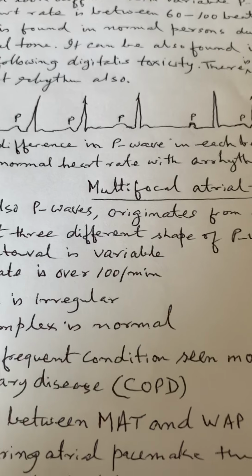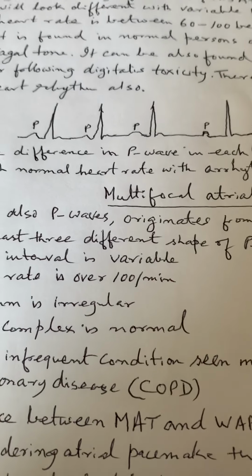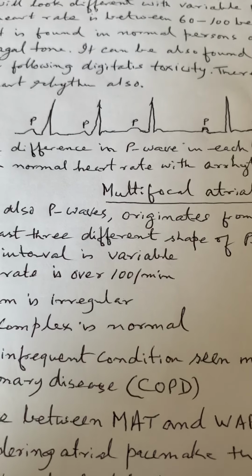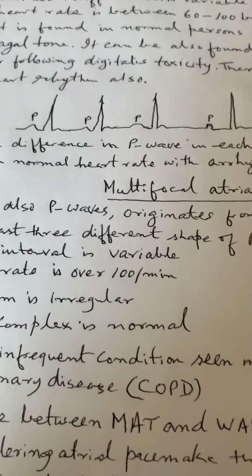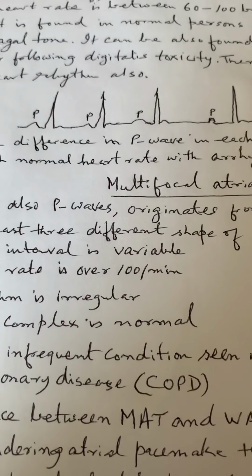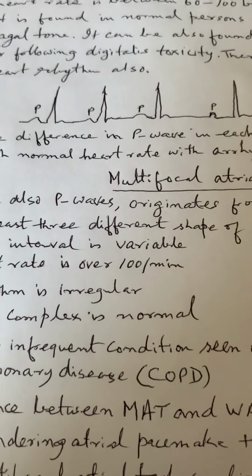The origin of the P wave is coming from different parts of the atrium, and because it is arising from different parts of the atrium at different times, you will find the shape of the P wave is changing.